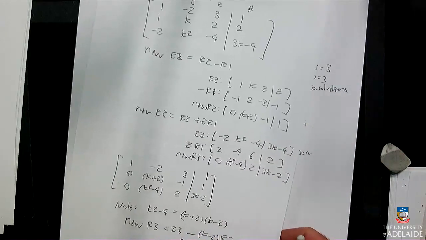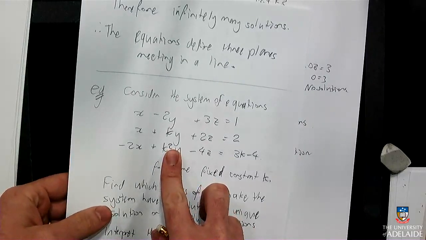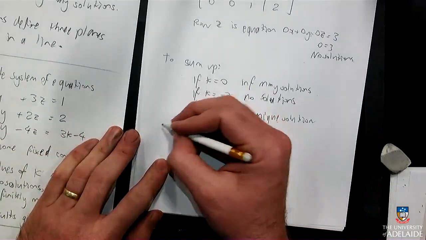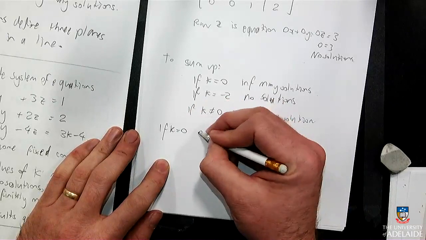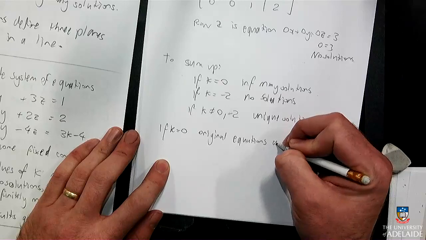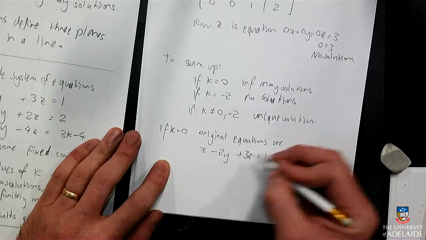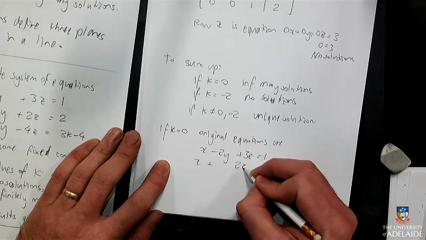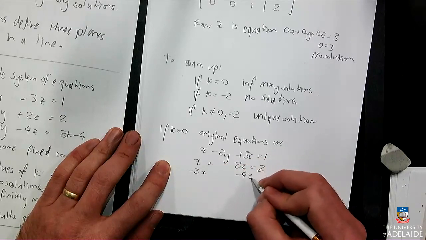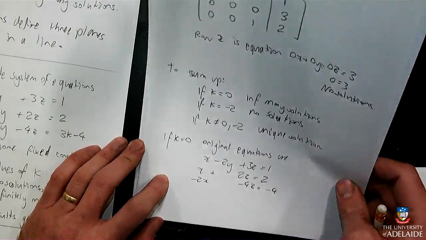Go back to my original equations and let's see if they were parallel. If k is 0, these two are parallel. X minus 2y plus 3z equals 1, x plus 2z equals 2, and minus 2x minus 4z is minus 4.